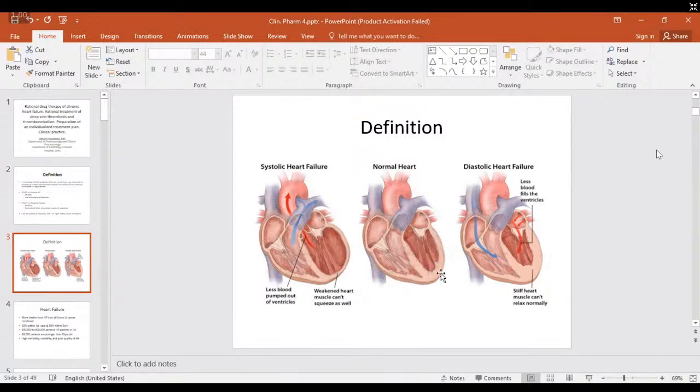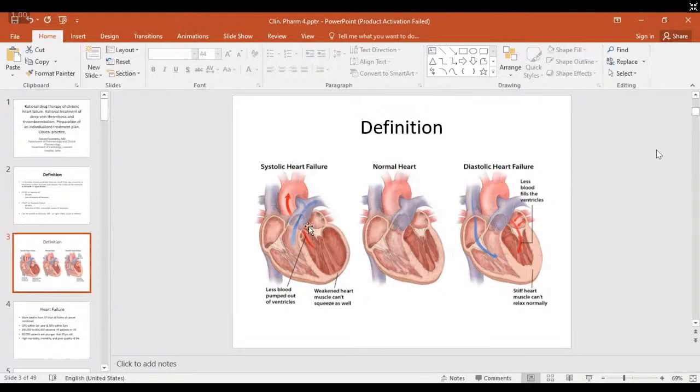If you compare the left ventricular free wall to the right ventricular free wall, you can see that the left ventricle is a lot thicker, because it needs to pump the blood against a lot higher pressures in the aorta, and the right ventricle needs to pump the blood to the pulmonary artery and to the lungs, which usually have pressures 4 or 5 times lower than the pressures in the left system.